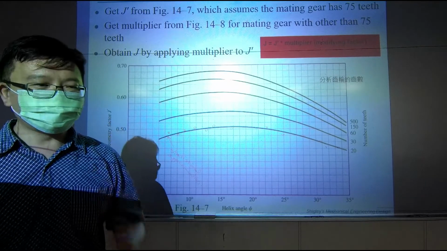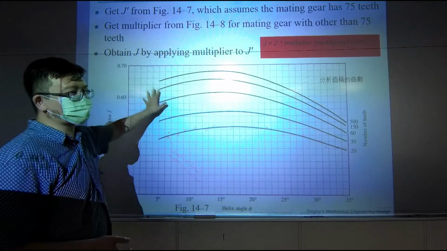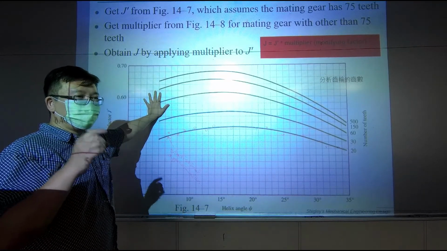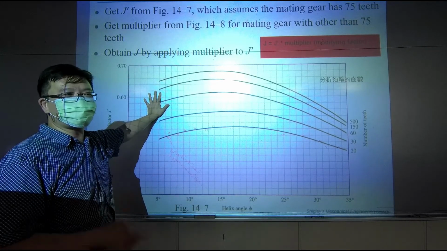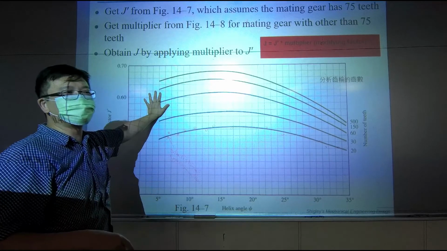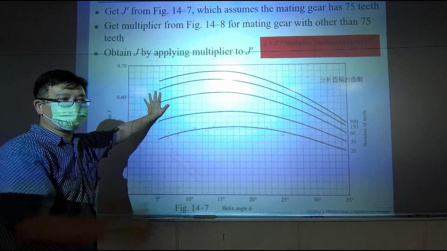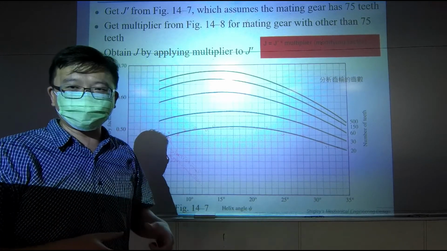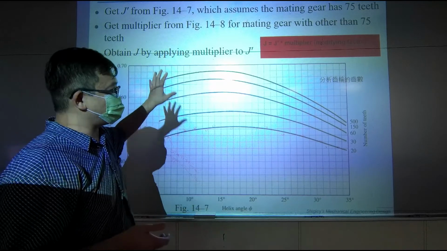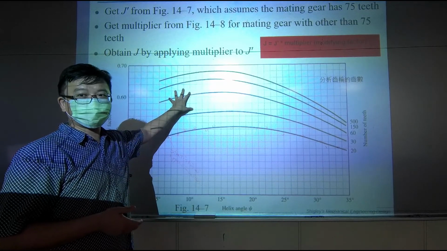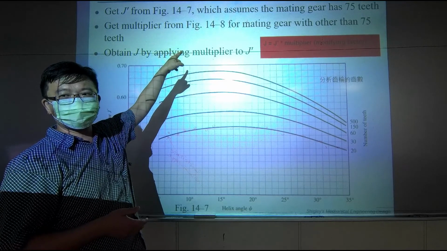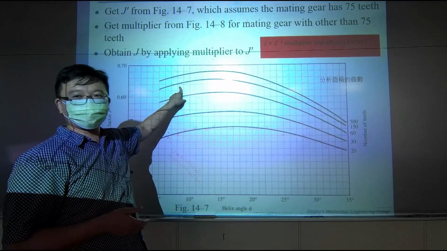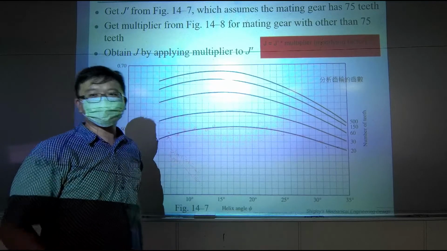The advantage of showing those tables in the book is that students will use it. So in the future, when they go to a company to work, they will tell the company, hey, I'm using this book, and this book is using this brand of gears. And this brand of gears has equations. Let's use this brand of gears and use their equations.